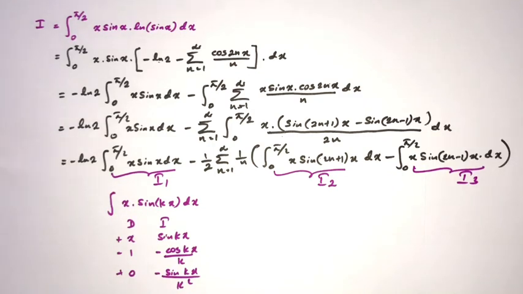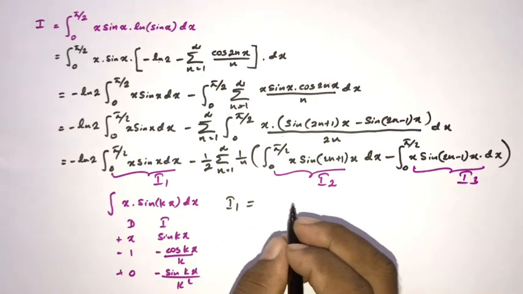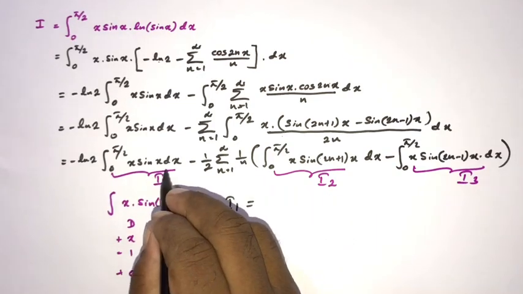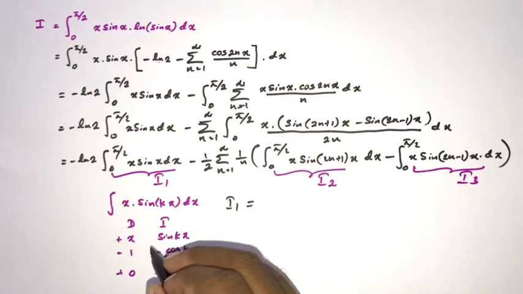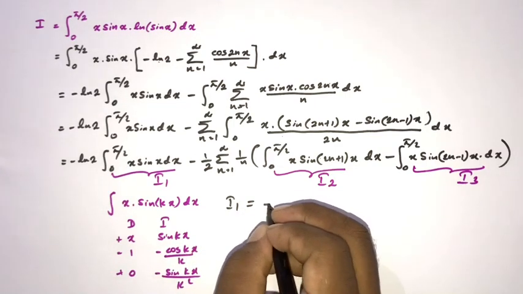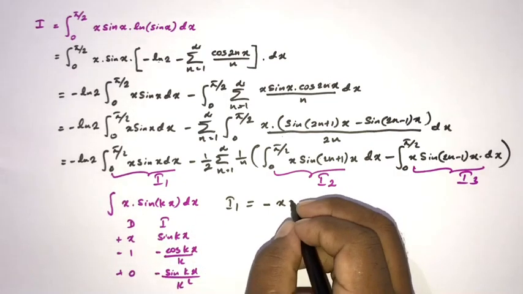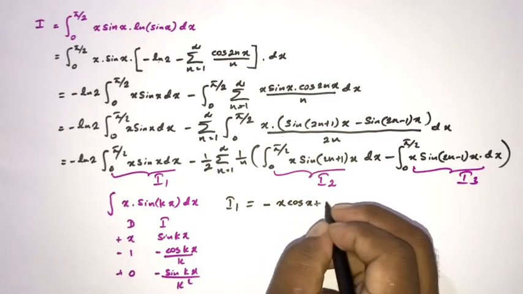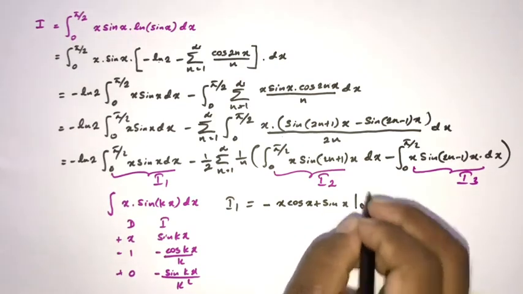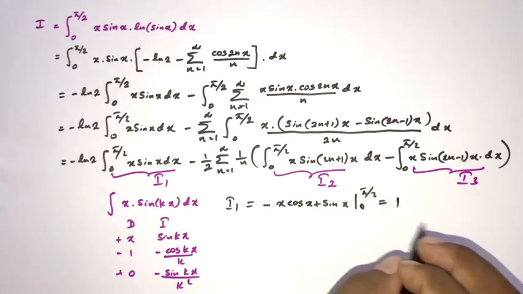Then we can write I1 is equal to x times sine of x, so we have minus x times cosine of kx over k, and with k equal to 1, minus x times cosine of x plus sine of x from 0 to pi over 2. If we plug in the values, we have 1.